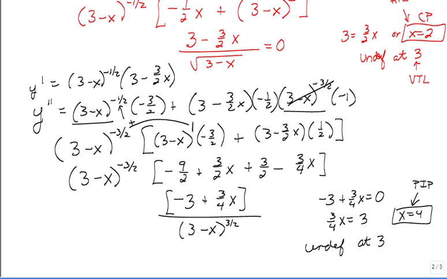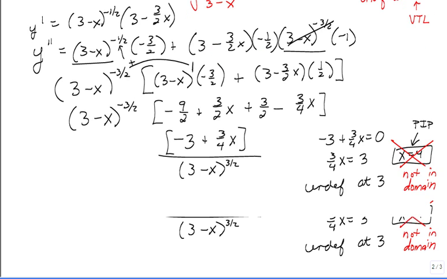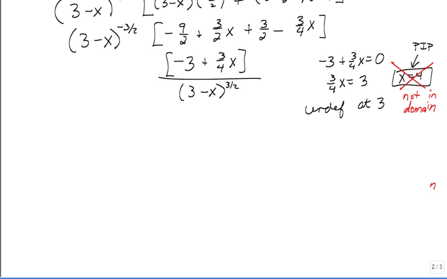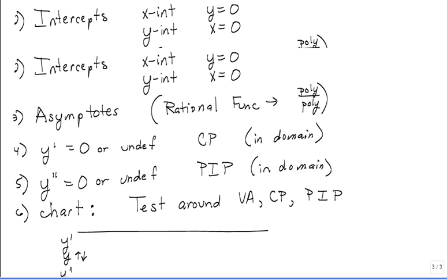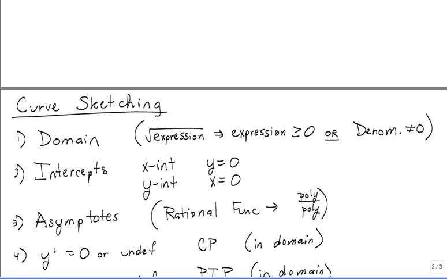Let's see, what did I... Okay, let me go back to this. 4 is not in the domain. So we don't even have to test around it. We can't test around it. Okay, and I saw that when I was doing the number line, I have to keep an eye on my domain.